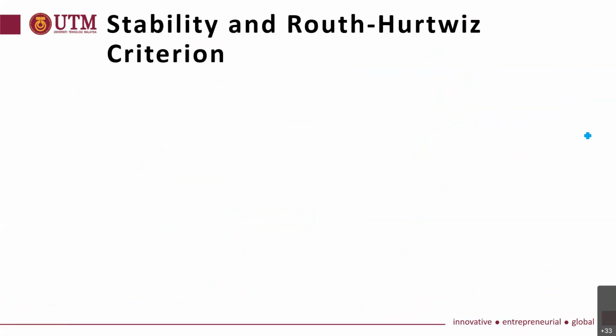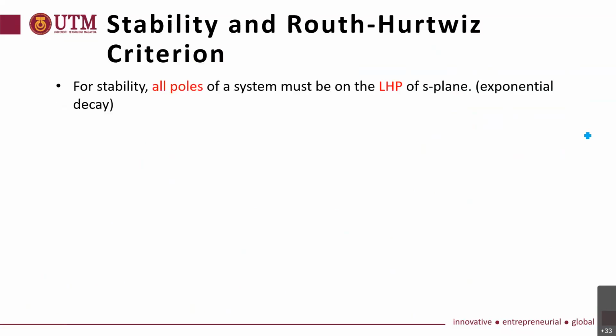Finally, is stability and Routh-Hurwitz criteria. Stability is also very important. To be stable, all poles must be on the left half plane of the s-plane. Okay?